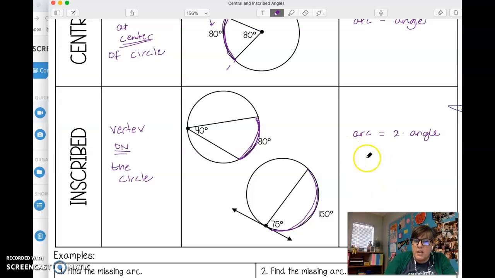We can also say that the angle is equal to the arc measure divided by 2. So we're doubling. So we go from 40 to 80 and from 75 to 150. But this is why it's really important to know which type of angle you're looking at as to whether we need to deal with a half or doubling, or if we're just going to say that those two things are equal.